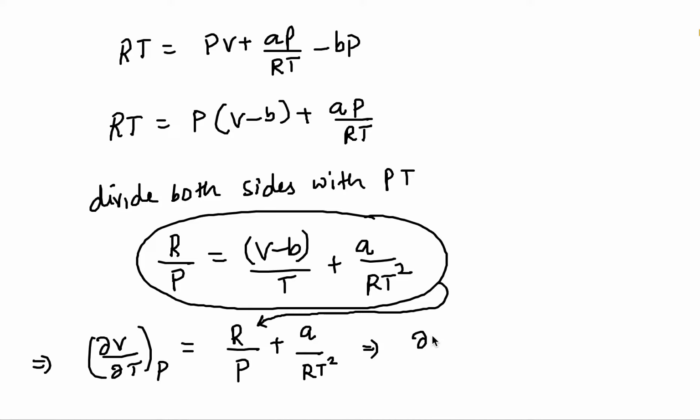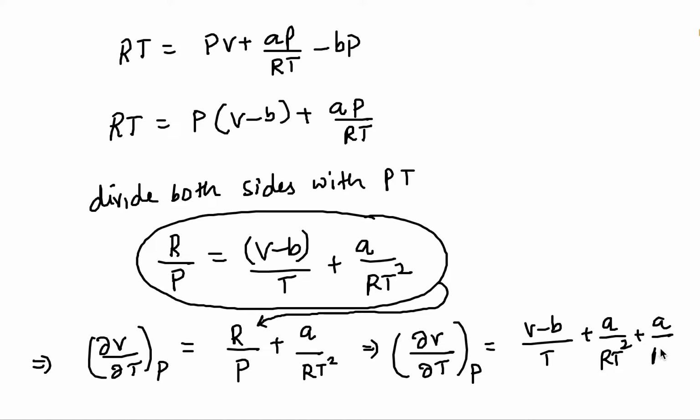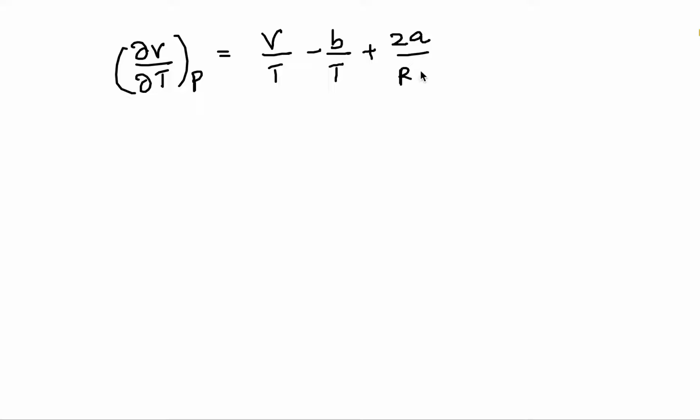So therefore I get dou V over dou T at constant pressure is equal to V minus B over T plus A over RT squared plus A over RT squared. And what expression are we going to get? V over T minus B over T plus 2A over RT squared.